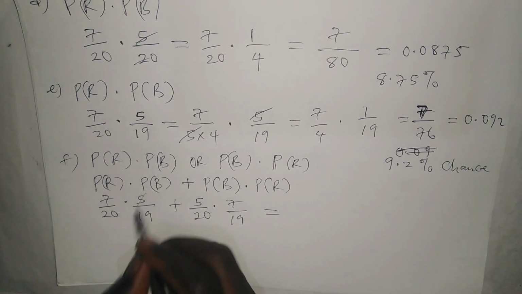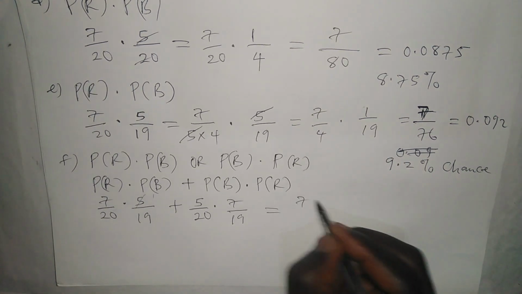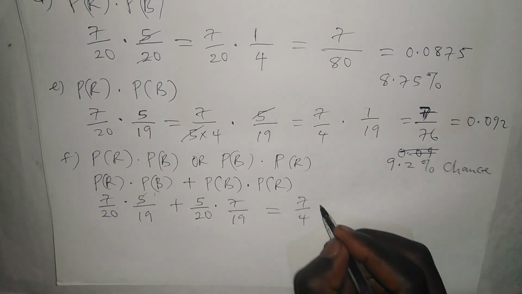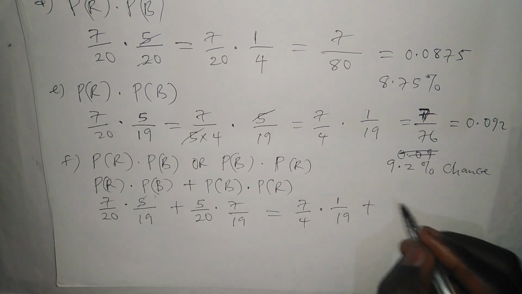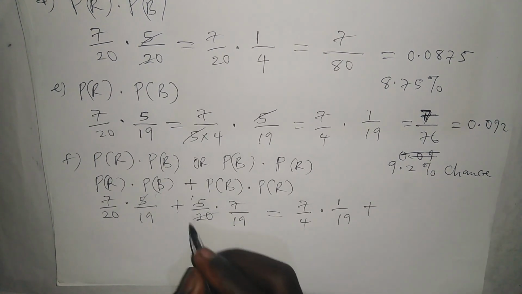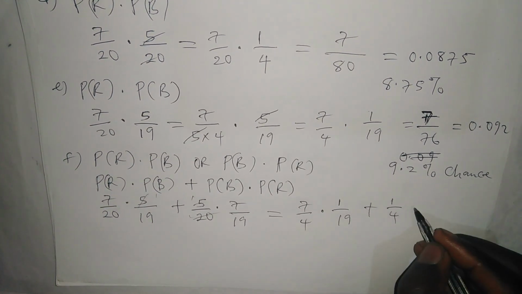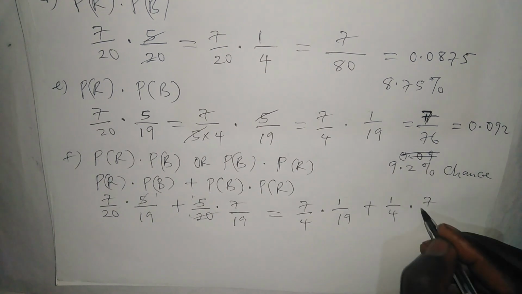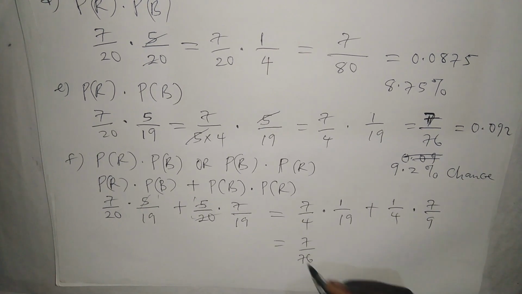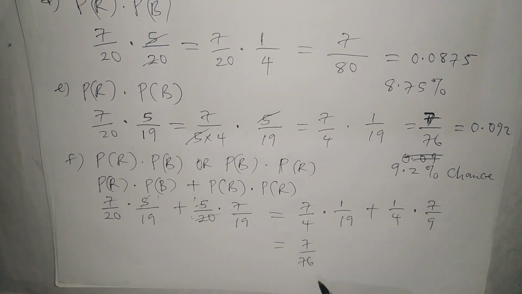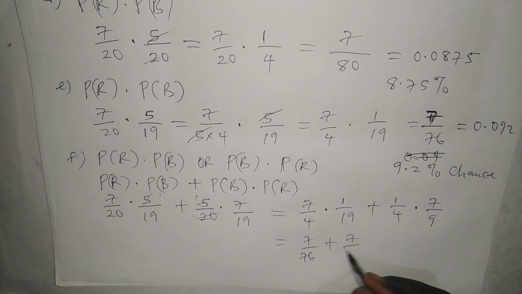This is going to be 5 here, we have 1, and with 5 here, we have 4. So we have 7 all over 4 multiplied by 1 all over 19, plus 5 here, we know it's a 1, or 5 here, we have 4. So it's going to be 1 all over 4 multiplied by 7 all over 19. What we'll have now is 7 all over 76, because 7 multiplied by 1 is 7, 4 multiplied by 19 is 76, plus the same thing, 7 all over 76.